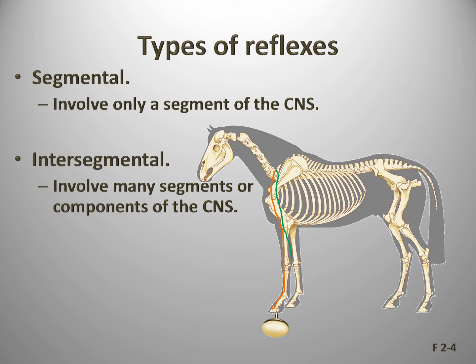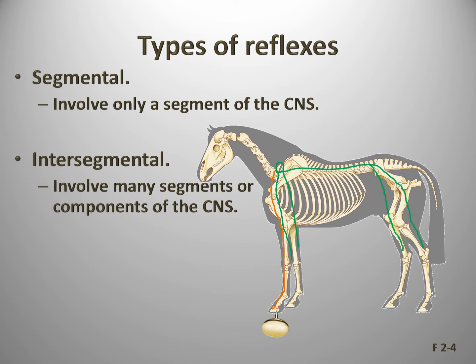But since the animal is lifting this leg, it has to transfer its weight to the opposite leg. The interneuron synapses with neurons that cross the spinal cord and stimulate the extensor muscle of the opposite leg. There are also synapses to compensate for the weight in the back legs.